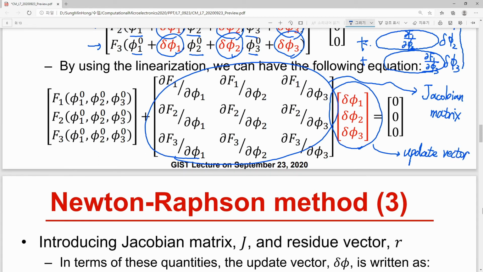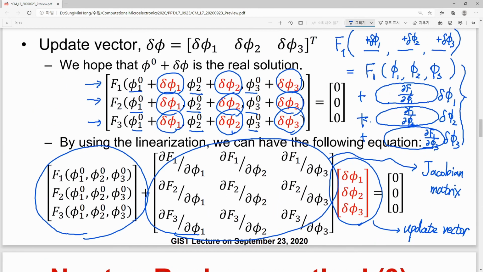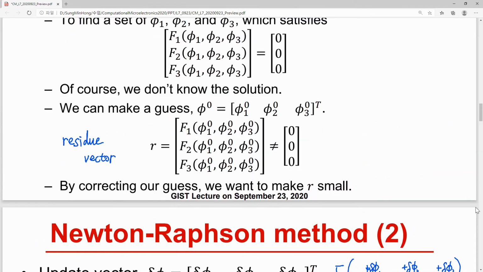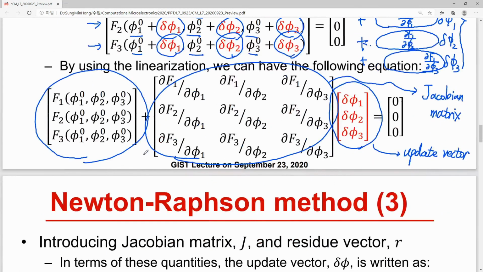Then what is the remaining one? This is again a vector, and it contains the functions f1, f2, and f3 with the initial guess, and we have already called it the residue vector.